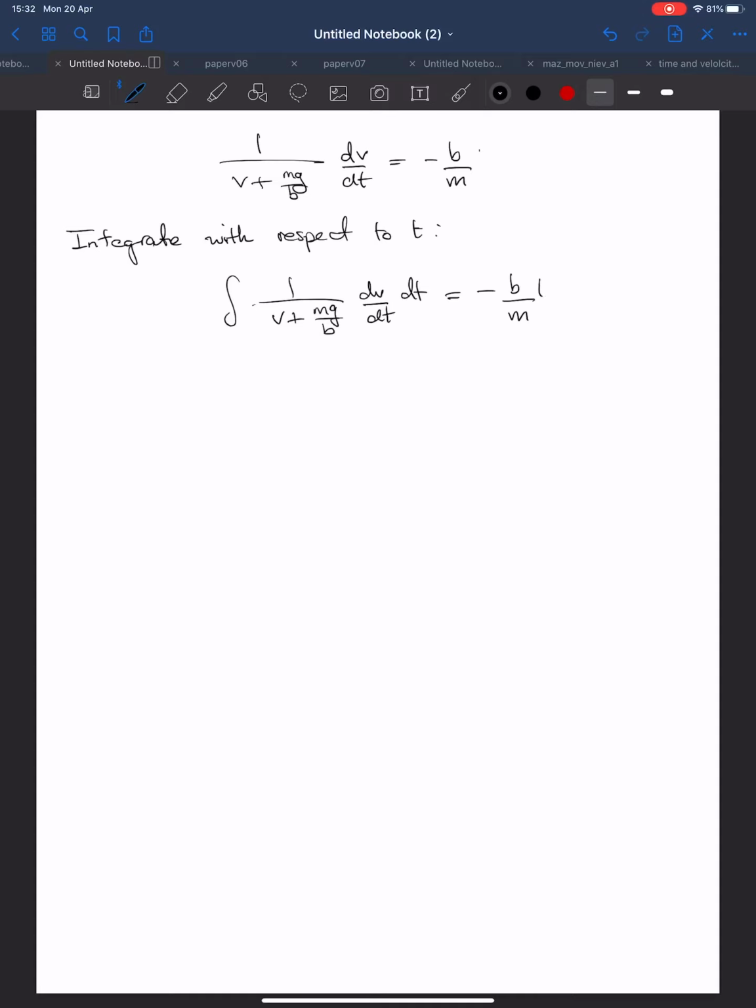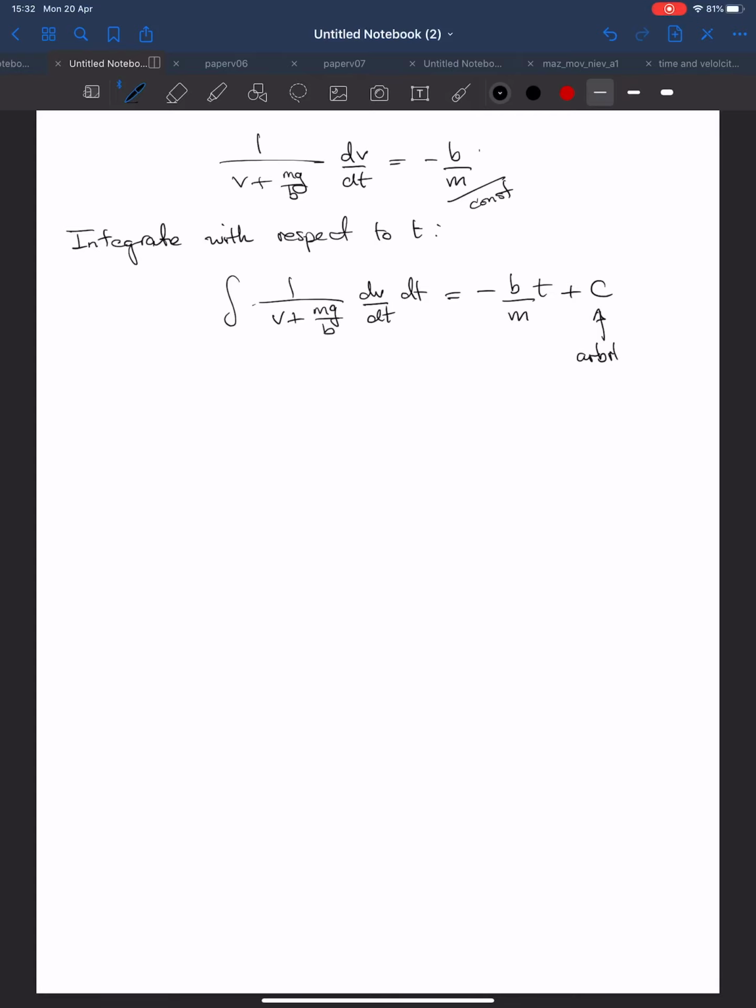We'll integrate now with respect to t, so that we get the following. We get this. Now I skip a step here because this is straightforward. I put the arbitrary constant of integration there. Remember, this is just a constant.